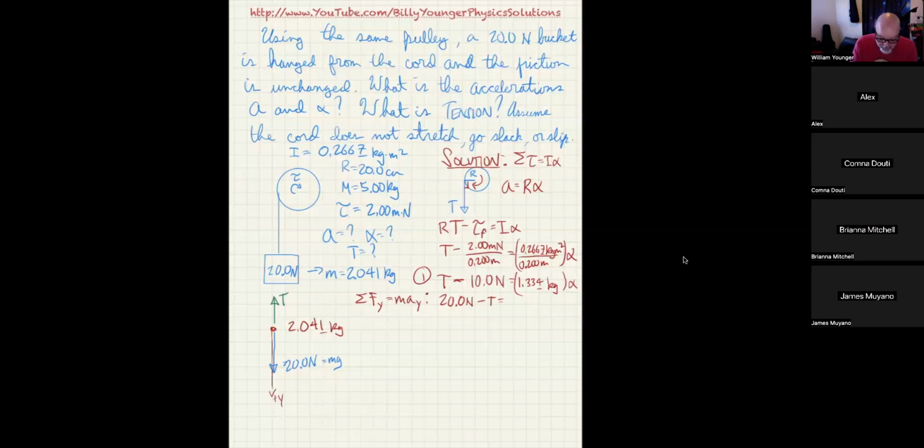So I'm now going to write this as 2.041. Again, that one's an extra sig fig there. Kilograms times A. And that's going to be equation 2. Okay.